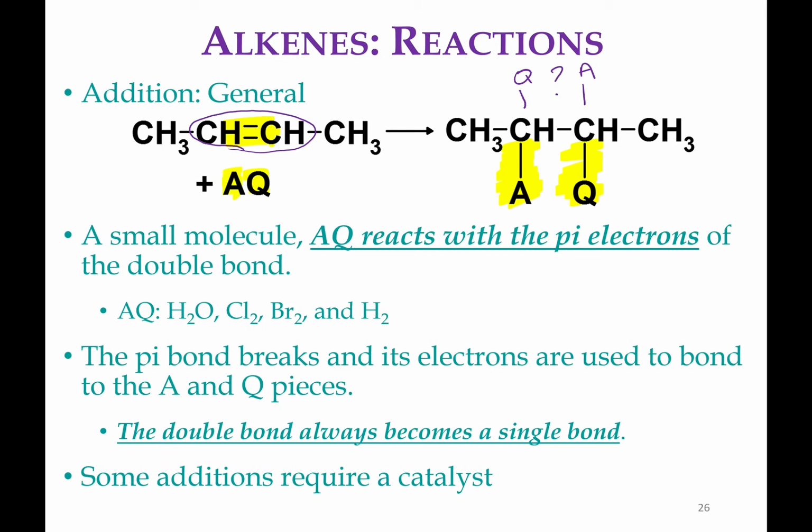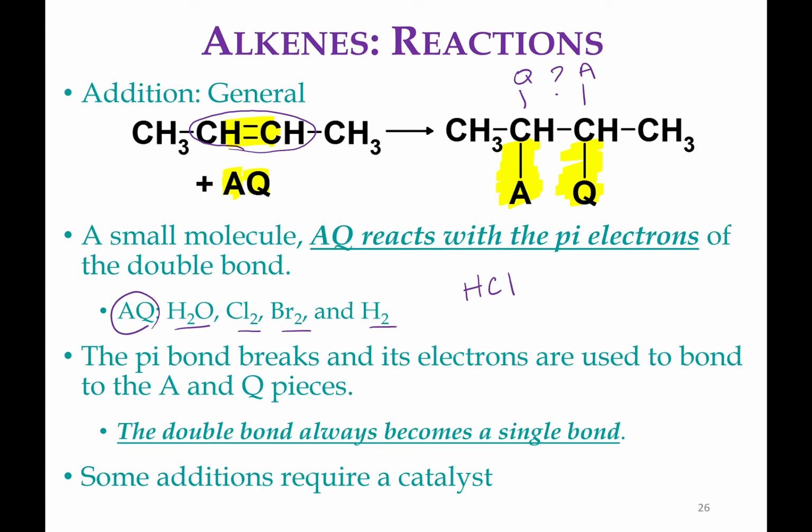Well, let's find out. So some small molecule, AQ, is going to react with the pi electrons of the double bond. AQ can be water, chlorine, bromine, hydrogen, and we'll see some other reactions as well, like hydrochloric acid, HCl, and maybe even potentially HBr.